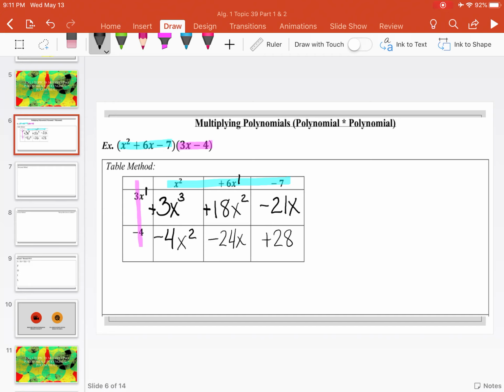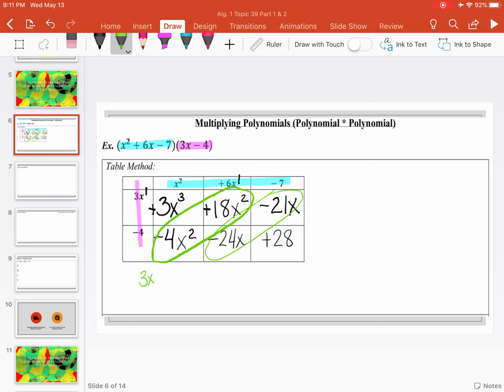Now I need to look for any like terms so I can combine them. Using the table method, these like terms can be found diagonally. Notice how here's my x squared, and then here is my linear term, my x terms. So I'm going to rewrite all of my terms and write my like terms in parentheses so I know to group them together.